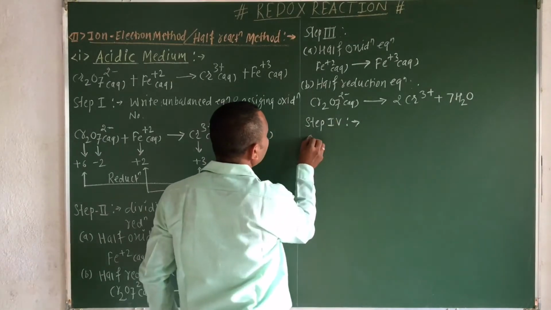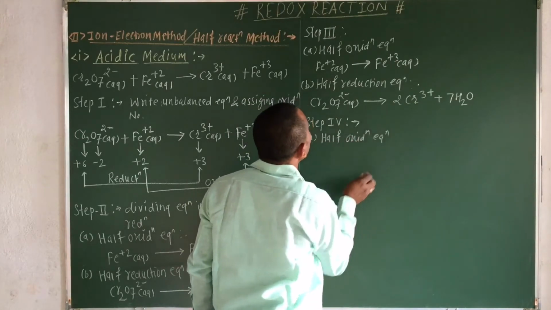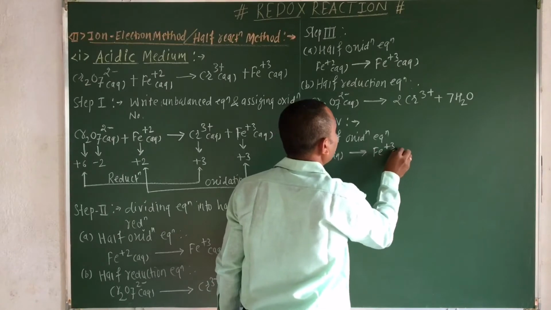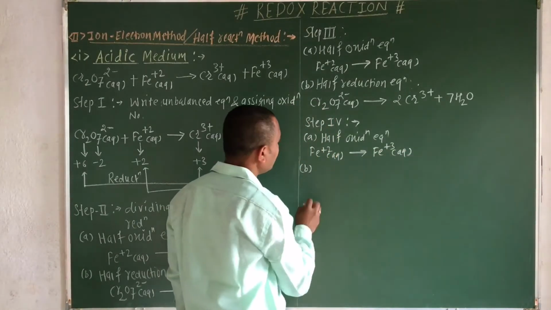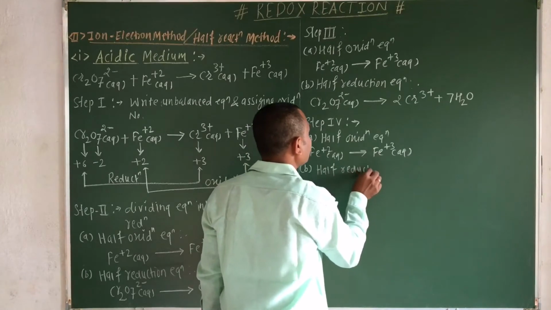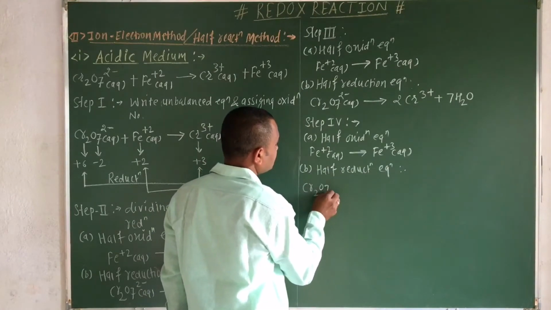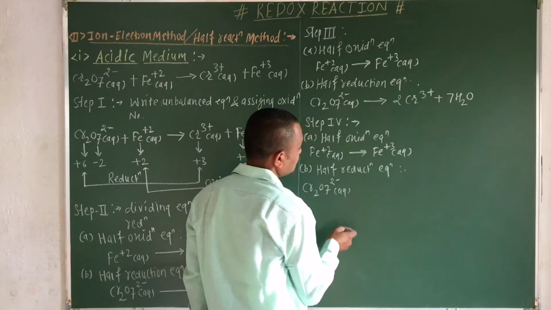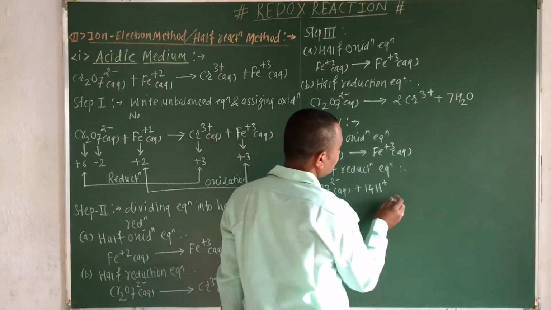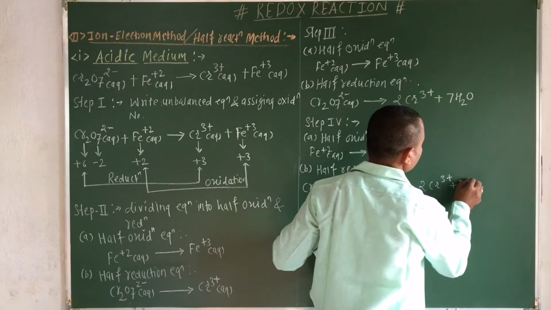So the half oxidation equation is Fe2+ aqueous gives Fe3+ aqueous, and the half reduction equation is Cr2O7 2- aqueous plus 14H+, which I added to balance hydrogen on the left hand side, gives 2 Cr3+ plus 7 H2O.